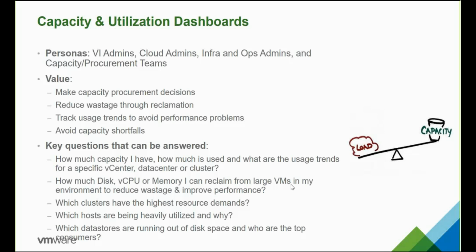Or is there an antivirus scan which runs at a time of day when it should not run, let's say at 9 a.m., and stuff like that? So you can bubble up a lot of that into these dashboards, which are available under this section around capacity and utilization. And we will have a look at some of them when we jump into the demo.